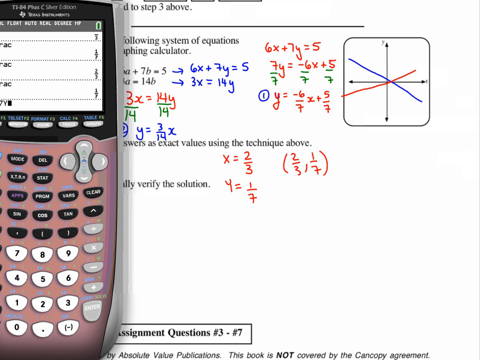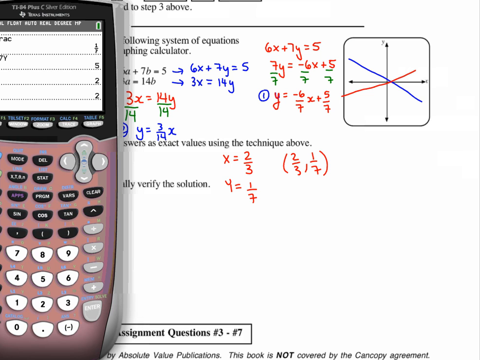I use x's and y's because that's what my calculator used for the intersection. And that should equal 5. It does. And the other equation was 3 x's has to equal 14 alpha 1. 2 equals 2. It does.